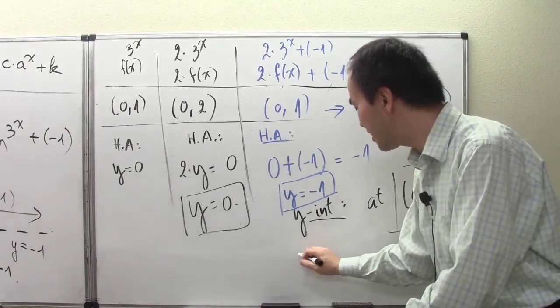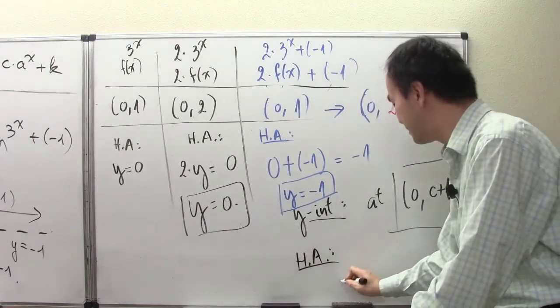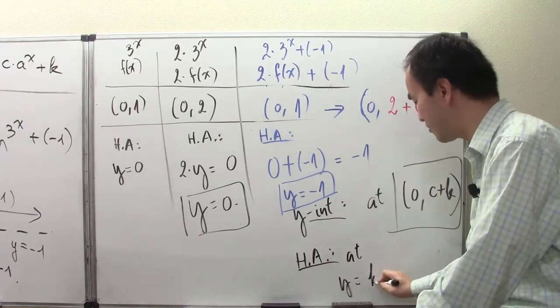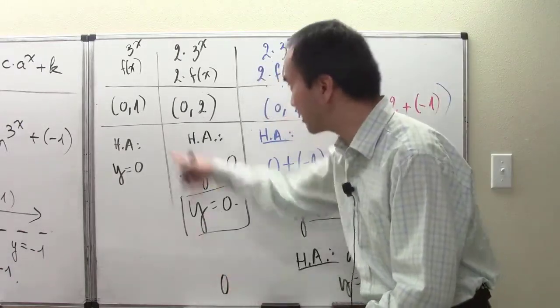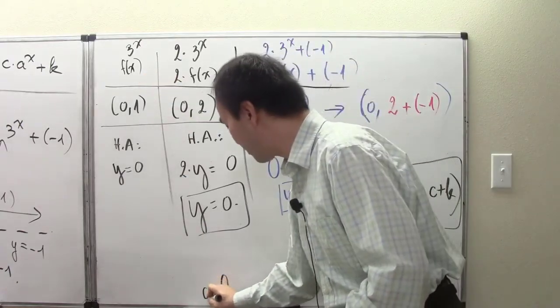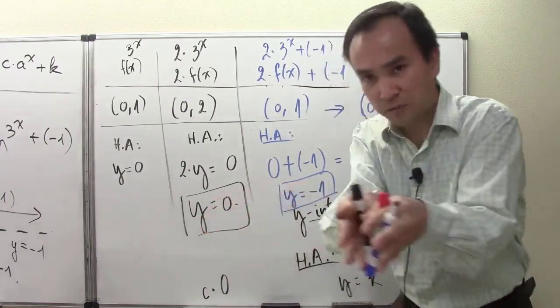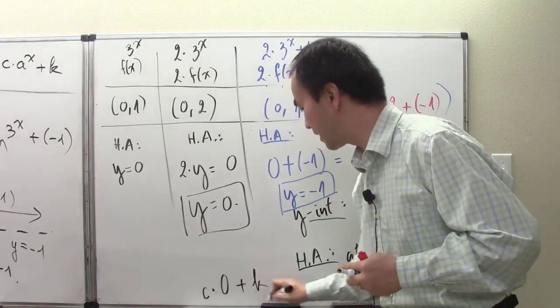The horizontal asymptote is always at y equals the k value, because it was 0 always for the original one. We multiply with any c value, but 0 multiplied with any value equals 0. And then we add a constant k.